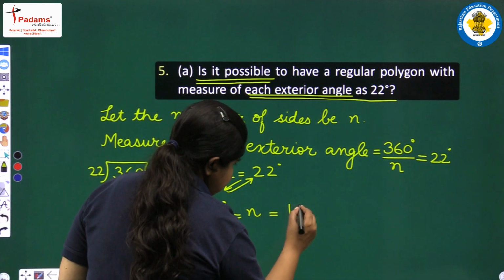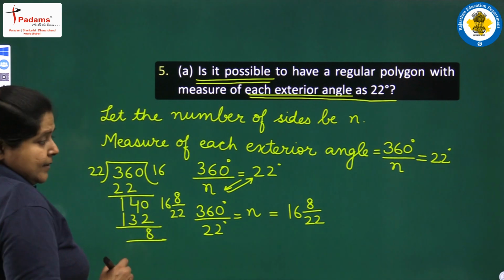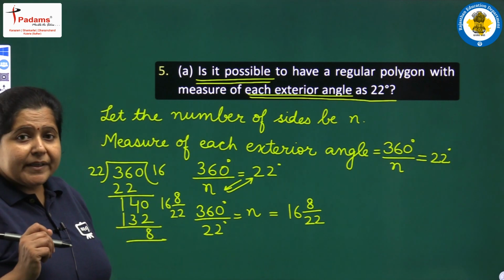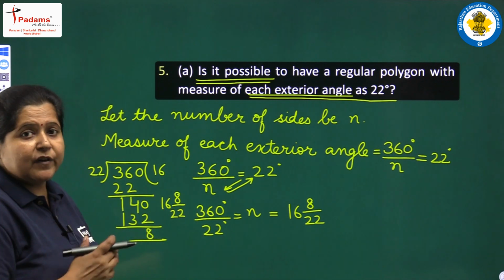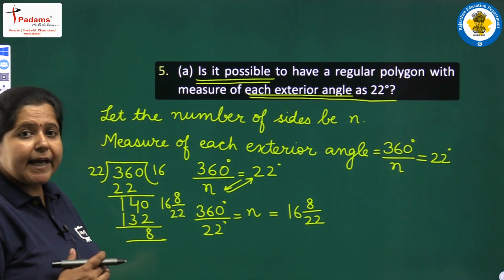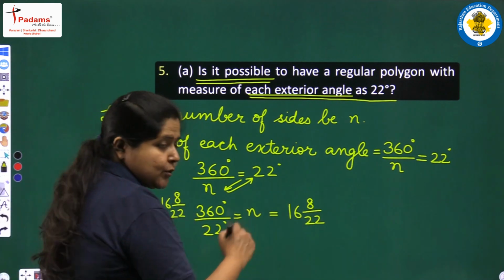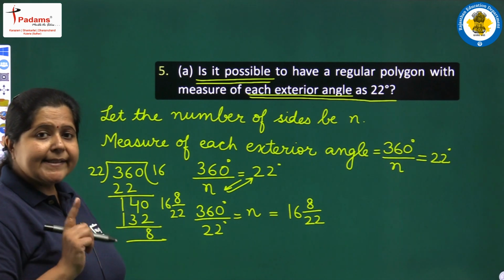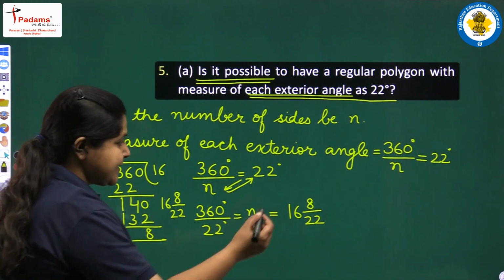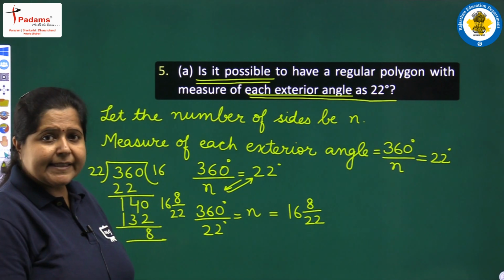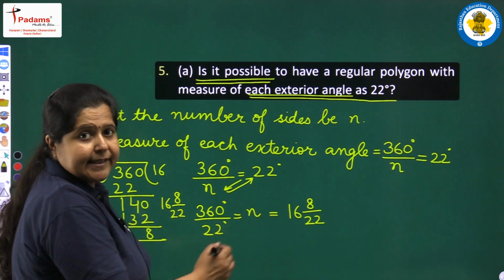This n is coming out to be 16 and 8 by 22, which is not a whole number here. Think of n. What is it? It is the number of sides of a polygon, and the number of sides of a polygon cannot be in fractions. This n is coming out to be a fraction and the sides cannot be fractions. It should be a whole number. Either it will be 16 sides or it will be 17 sides. You cannot have a number in between 16 and 17 in this case.